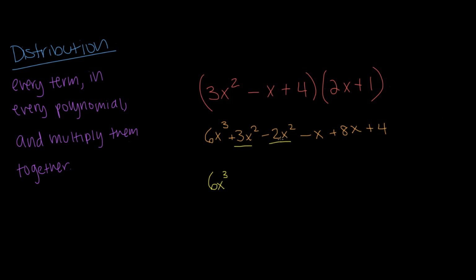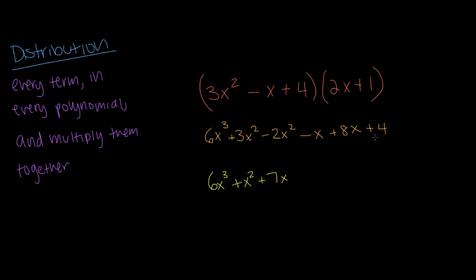So 3x squared plus negative 2x squared, or just 3x squared minus 2x squared, is going to give us x squared. Our next one is our x terms, for which we have negative x and 8x. So negative x plus 8x is going to give us 7x.